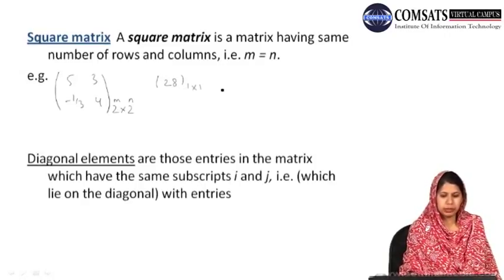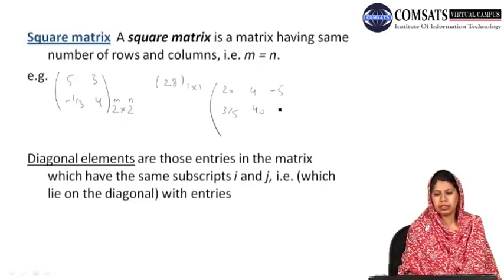One more example: 24, minus 5, 3 by 5, 48, 3, minus 1, 0. What is the order of this matrix?